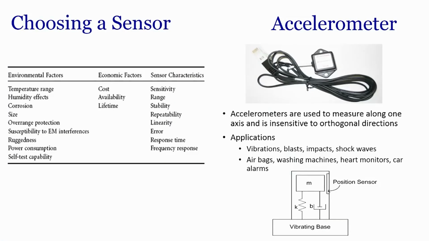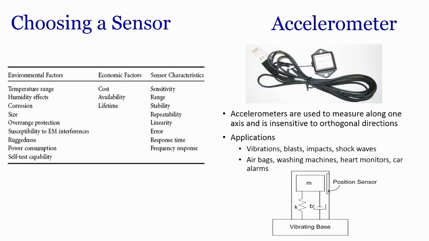Now, let us understand choosing a sensor. Okay. So, environmental factors is one of the things that we need to understand. We have to understand economic factors and then we have to see what are the sensor characteristics. So, if we talk about environmental factors, then what are the factors that we have to consider?